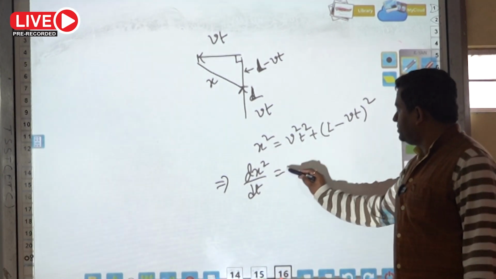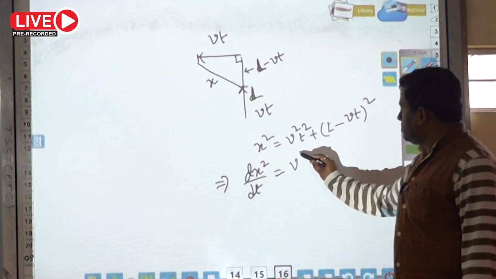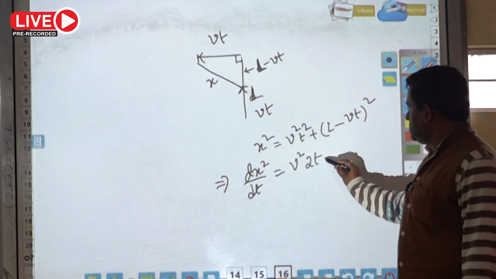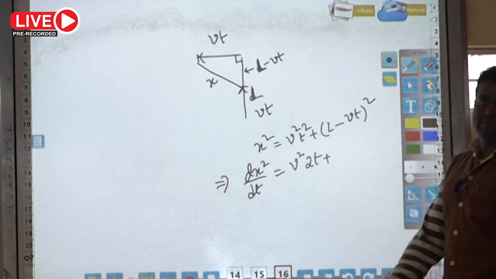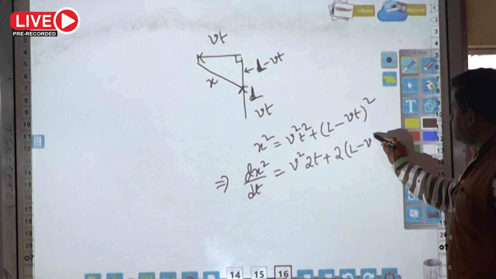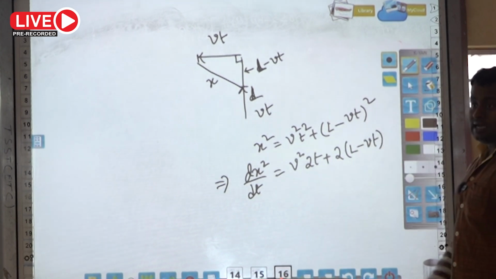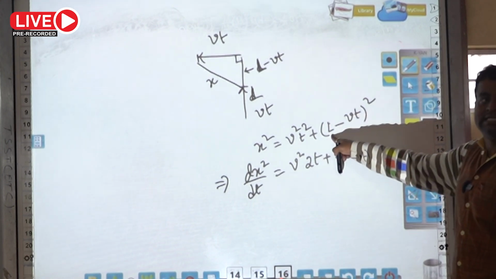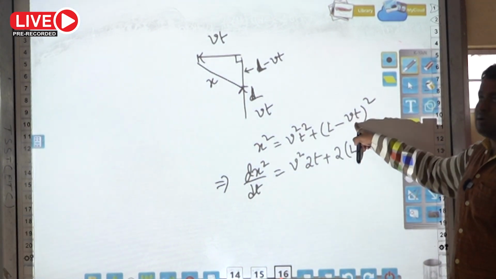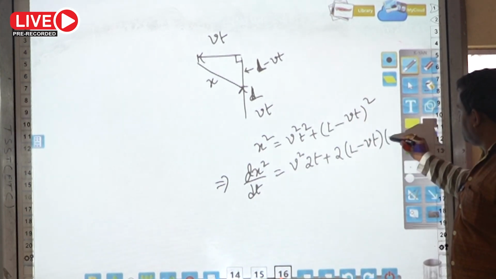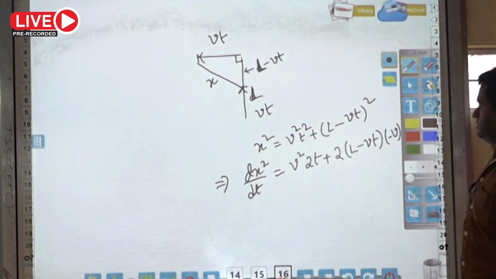So it will be v square, the derivative of t square is 2t, plus this quantity's derivative, it will be 2 into L minus vt. Then L minus vt's derivative is required. L is constant, its derivative is 0, and the derivative of vt will be minus v. So you have to multiply with another minus v.